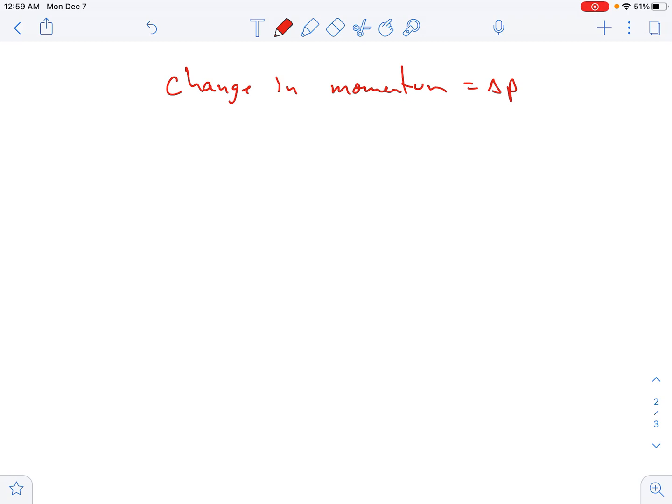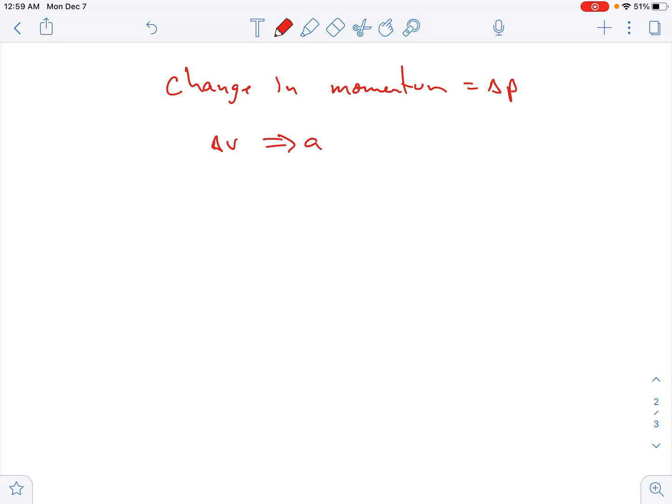Well, I want you to think about what that is, right? For the last how many months we've been in school, we've been dealing with change in velocity, right? And we know that a change in velocity is called an acceleration. And here's what I want you to ask yourself. What causes acceleration?